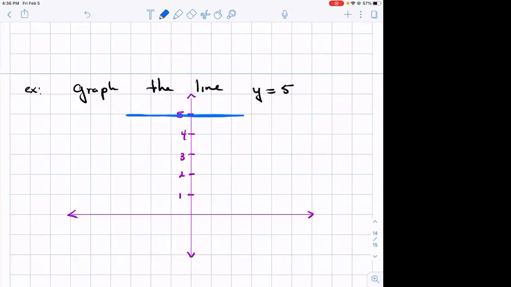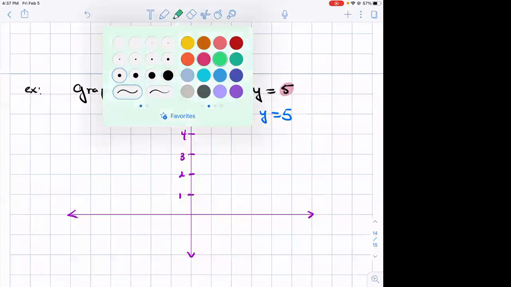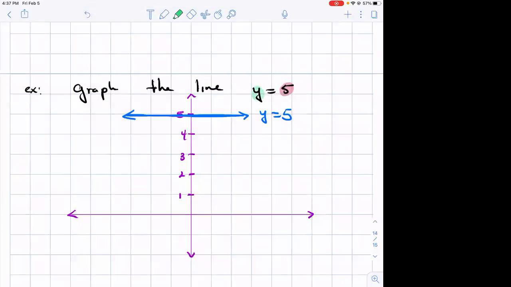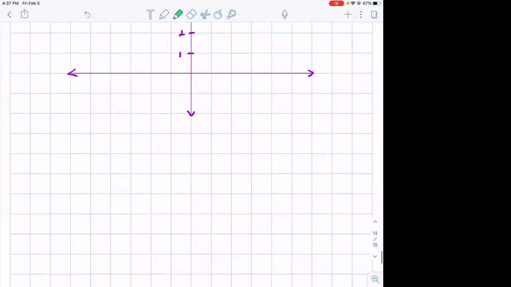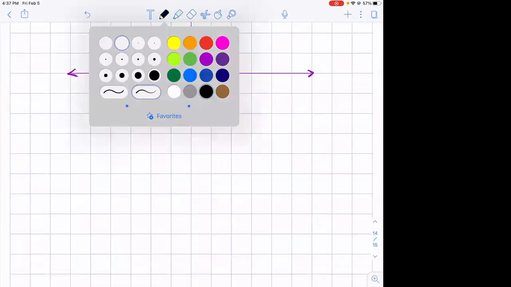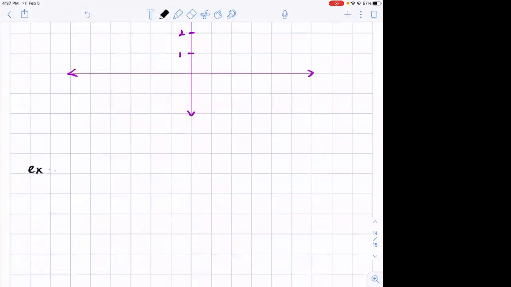This is the line y equals 5. So basically, when you see y equals 5, it's telling you to look for 5 on the y-axis and draw a horizontal line there. Another example is if I ask you to graph x equals 3.